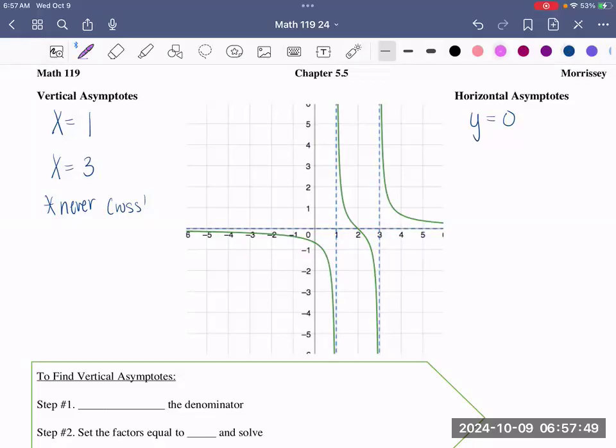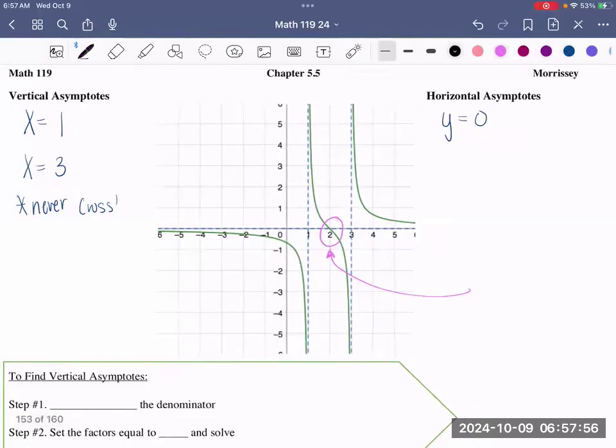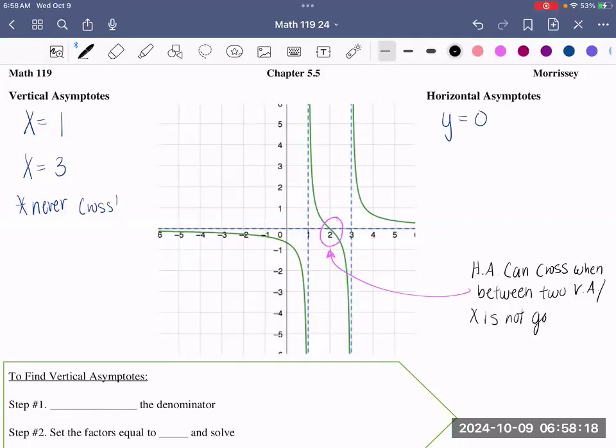Because you'll notice right here that we're crossing at x is equal to 2, right? So horizontal asymptotes can cross when between two vertical asymptotes, or when x is not going to infinities.